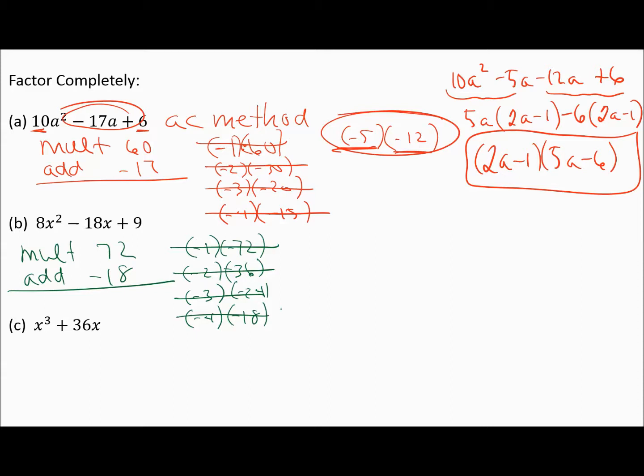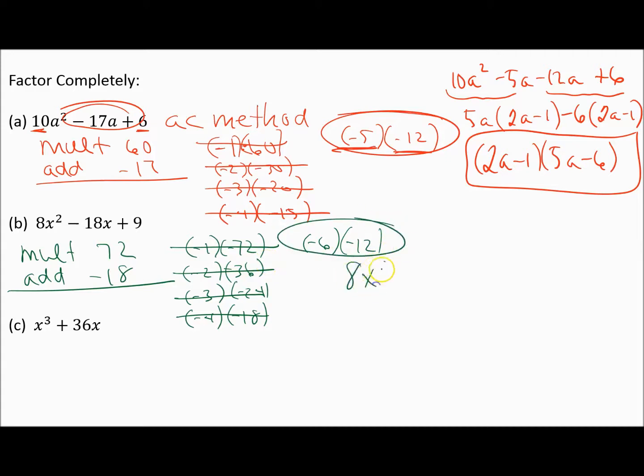Negative 5 doesn't go into 72. What about negative 6? So 72 divided by 6 is 12. So that would be negative 6 times negative 12. That does multiply to be a positive 72. And negative 6 plus negative 12 adds to be negative 18. We're good right there. Remember, now is the rewrite.